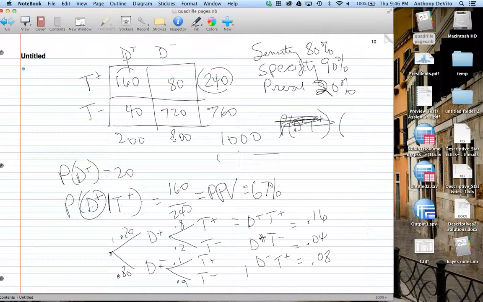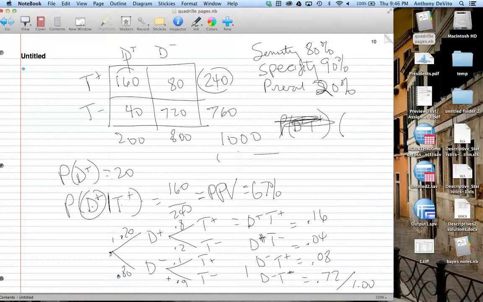Then not having the disease and testing negative is 0.8 times 0.9, which is 0.72. If I add all this together, what does it add up to? It adds up to 1.0.